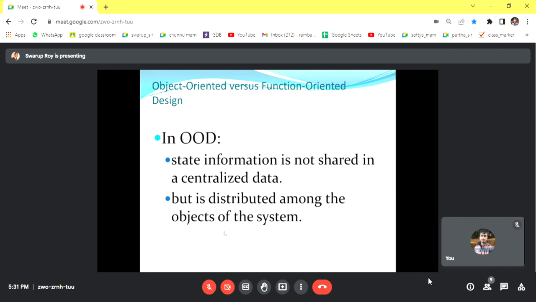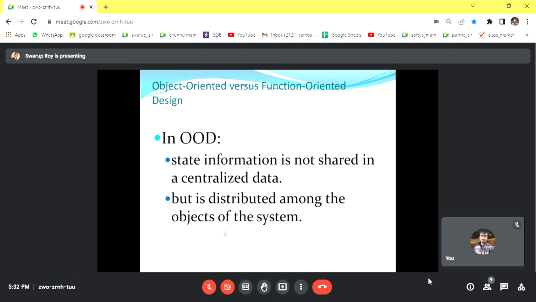So in case of object-oriented design, the state of that object is their state. What is that state? If time permits, I will discuss later what the state information is, or what the state of a particular object is.